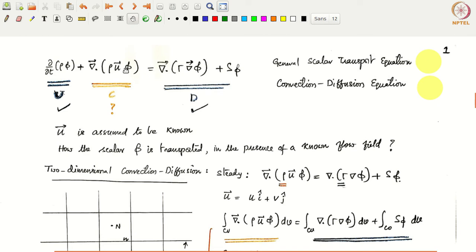Now when we solve this problem, you see that we have a velocity field that is introduced. As far as the convection diffusion is concerned, we will assume that u bar is a known quantity. That means the underlying flow field is known. However, in a real flow field, u will be an unknown which we have to calculate.